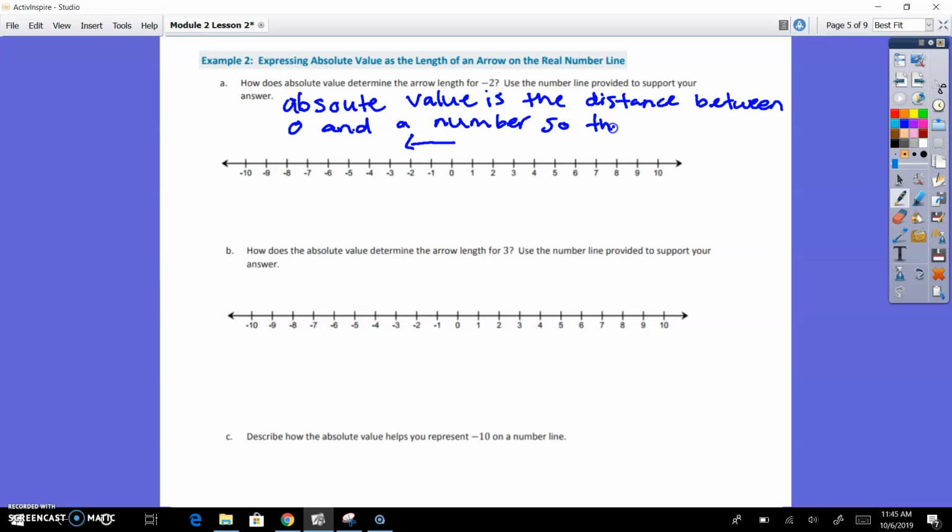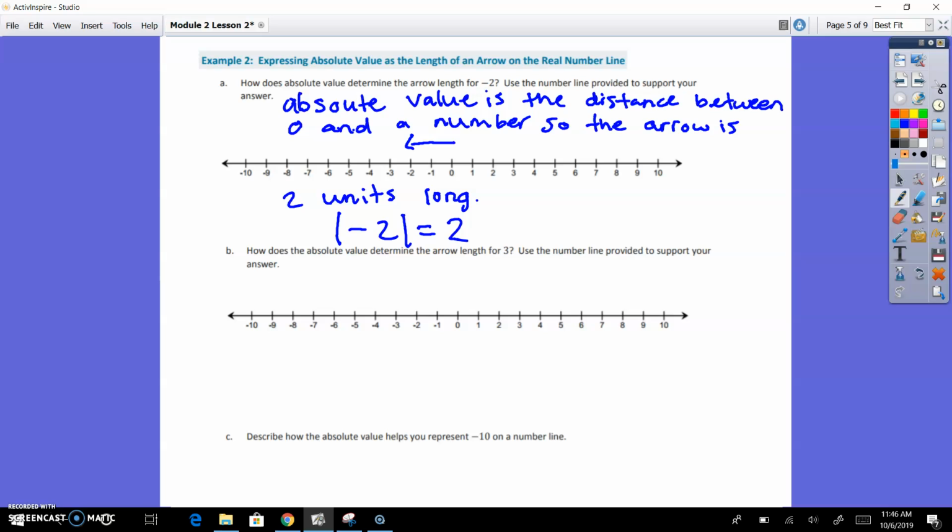So the arrow is 2 units long. So the absolute value of -2 is equal to 2.